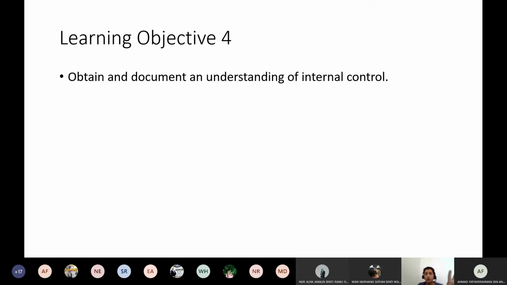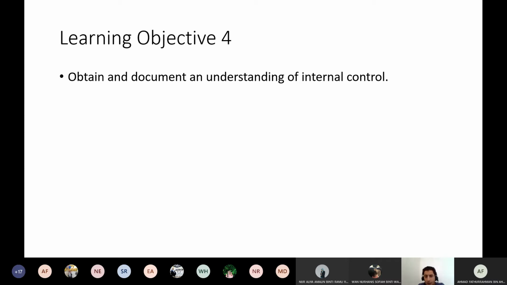And then they need to have information and communication. When we say information and communication, it means they communicate all of this internal control upside down, from the staff to the management, from the management to the staff. That's why in the early slide we illustrate the paradigm diagram with the two arrows of information and communication.